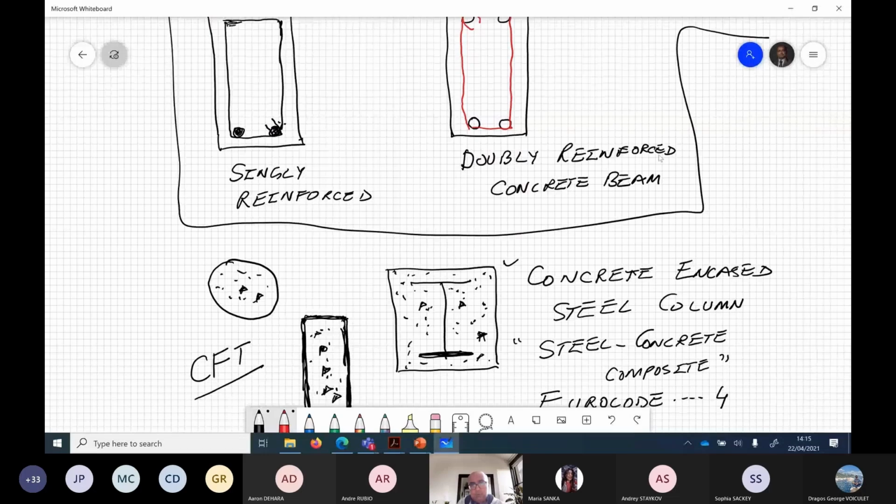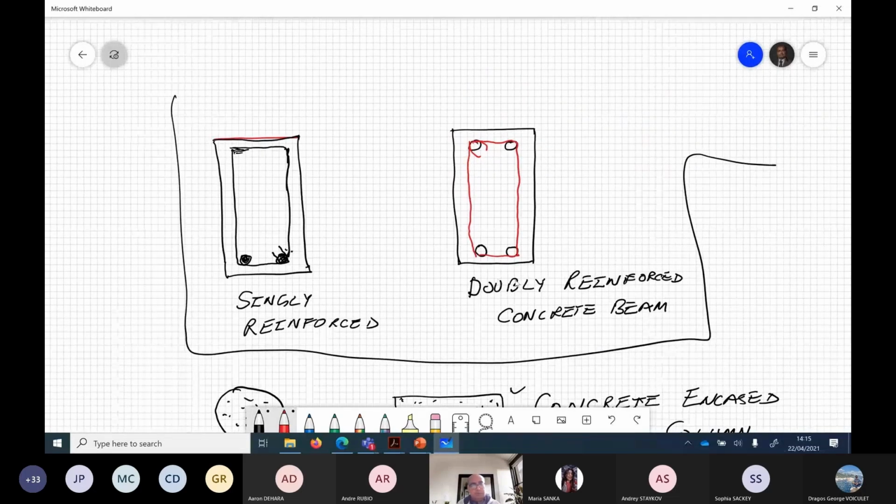Let me come back. Let me focus on singly and doubly reinforced. Singly reinforced means that you just have steel on the tension side. If you have a simply supported beam, the maximum bending moment is going to happen at the center, and the bottom portion of the beam will have tension, the top portion will have compression.